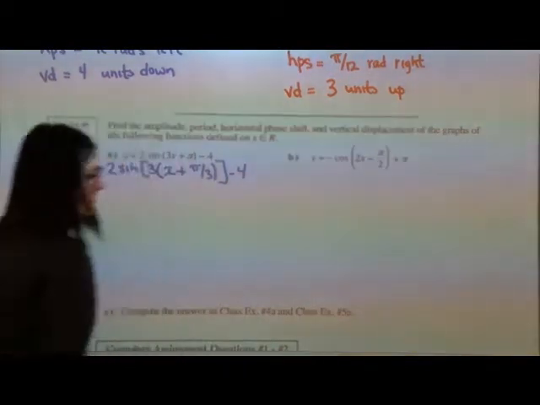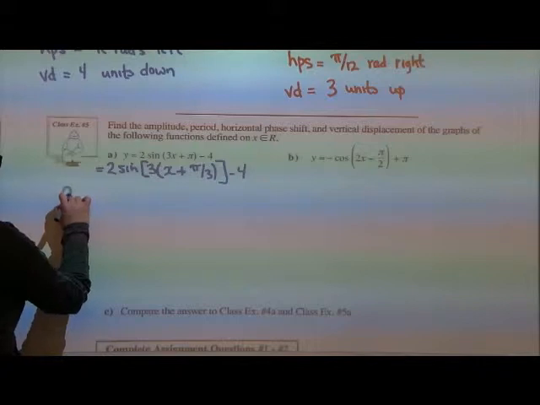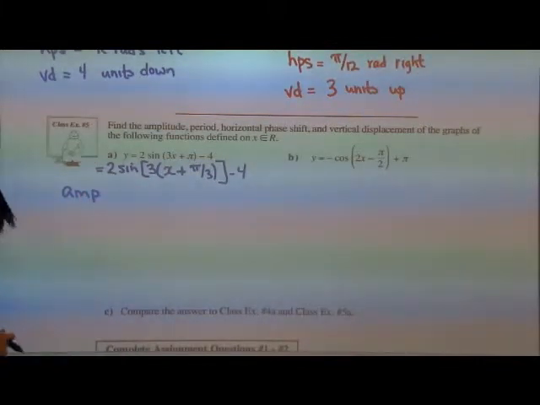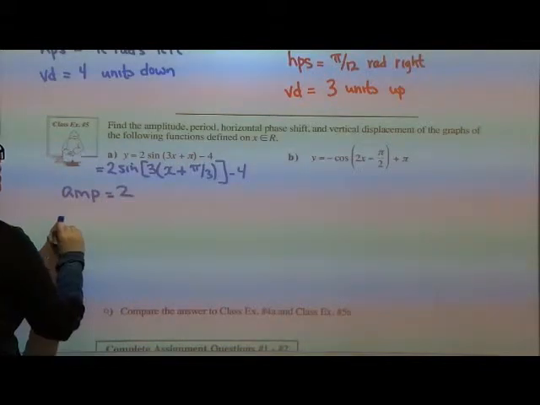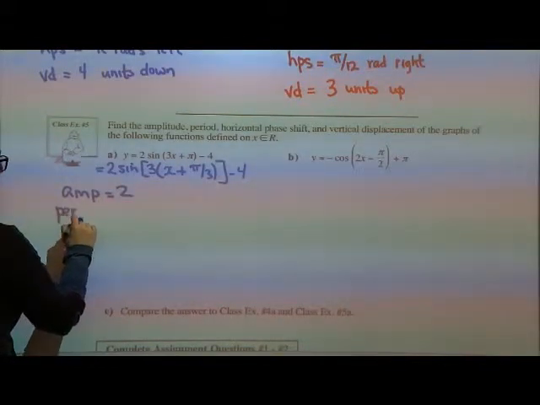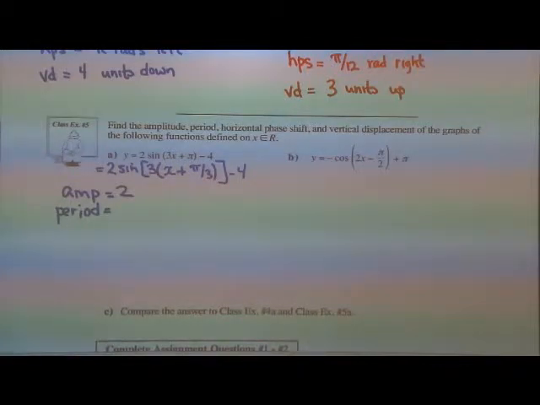Okay, so now I'll give you time to do both questions, and you're going to do the exact same thing. Amplitude, period, phase shift, and vertical displacement. Okay, so what is the amplitude on A? Two. The period. 2 pi over 3.